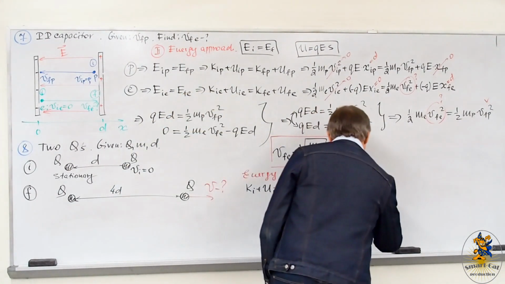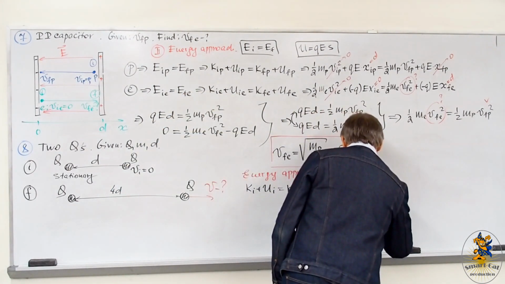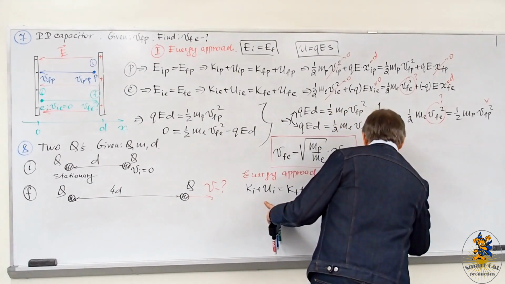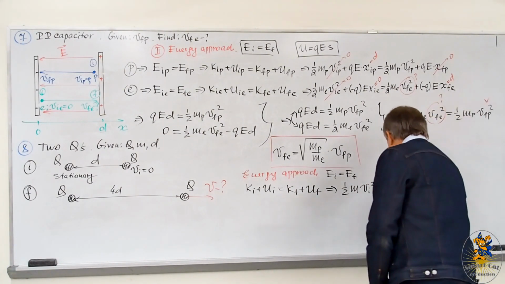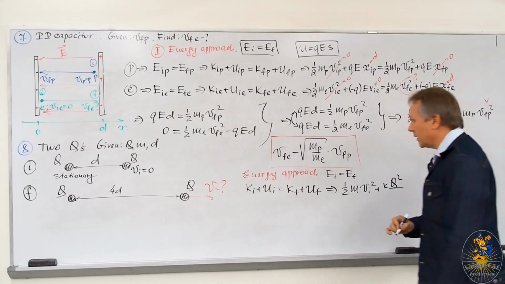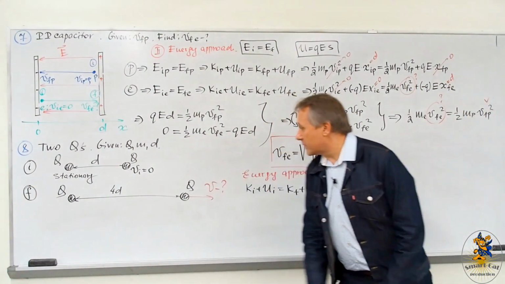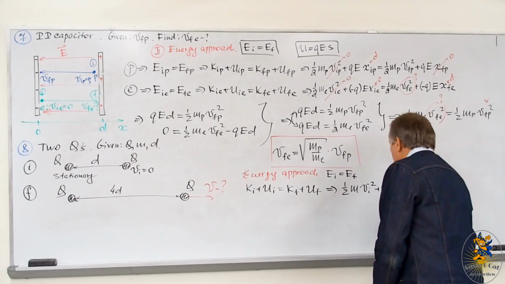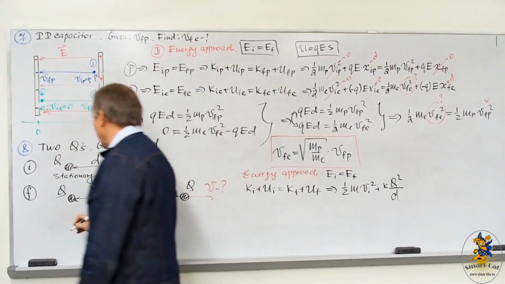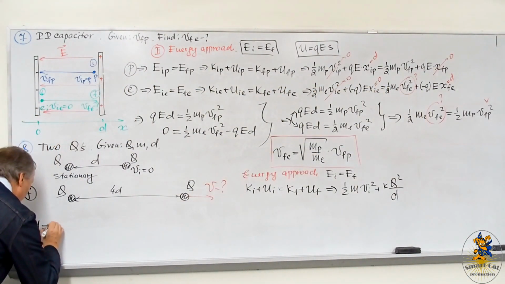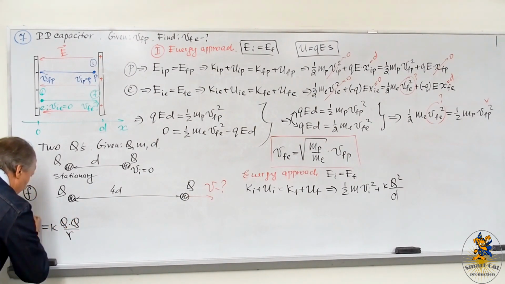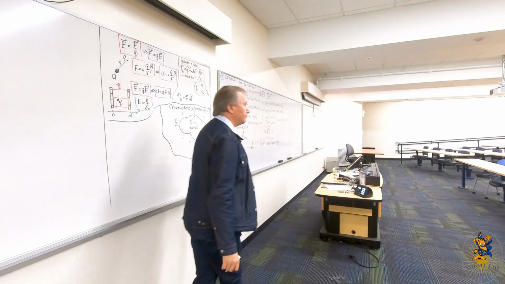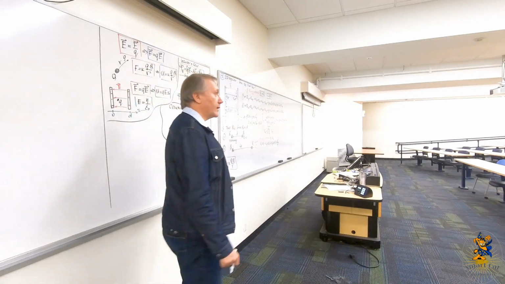Okay, so 1/2 m v initial squared plus k. Charges are the same, so Q times Q, Q squared, divided by the initial position, the distance between them is D. You know what, probably I should write which formula, because we use U equals k Q Q over R. So potential energy, first power of R downstairs.